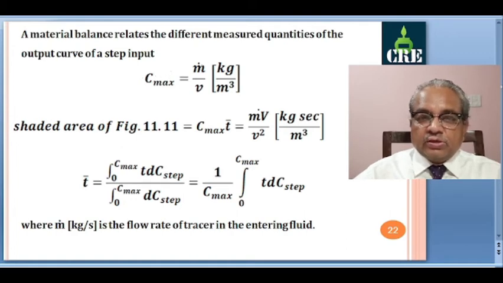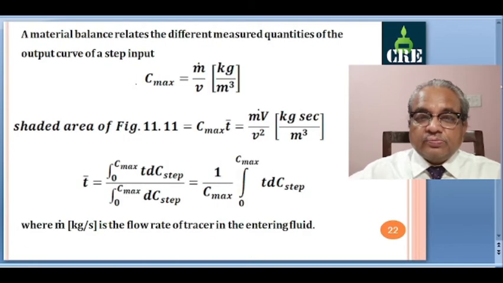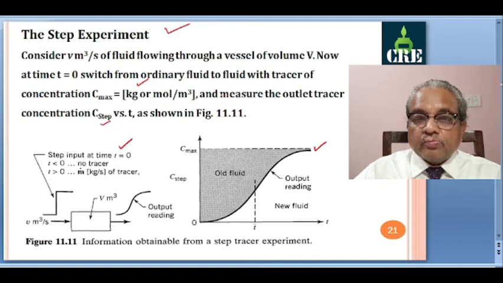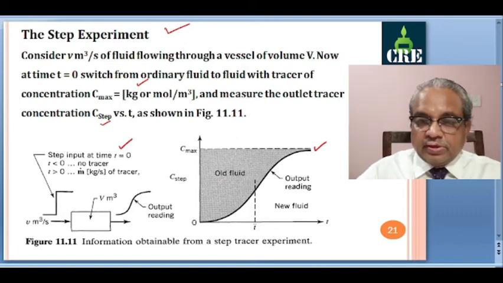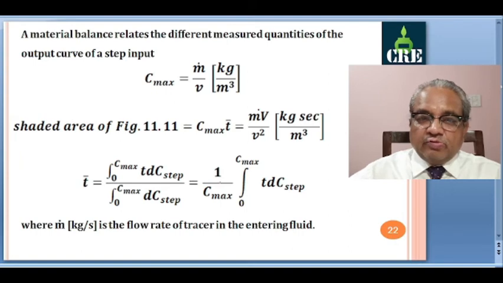Here concentration is expressed as kg per meter cube. The shaded area here is C max into T bar, the mean of the distribution. If you find some mean value here, it is not exactly in proportion, so don't try to match that area with the terms defined here.